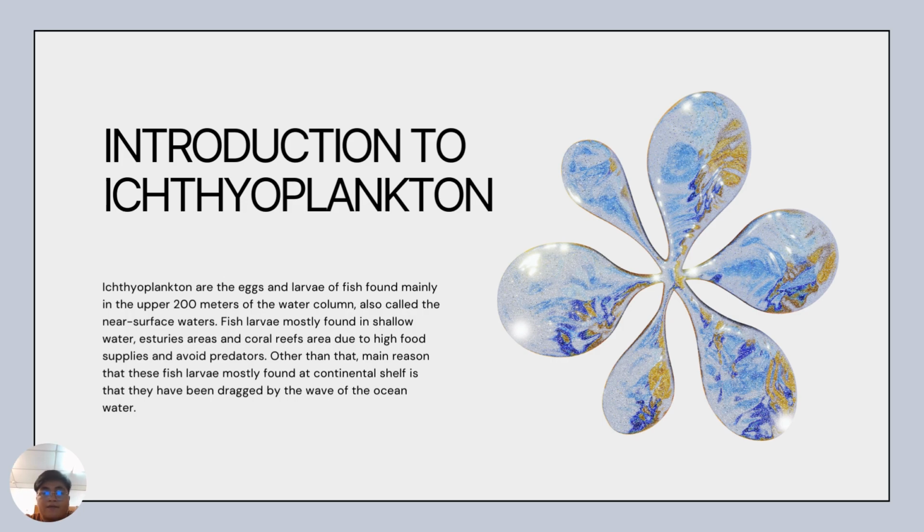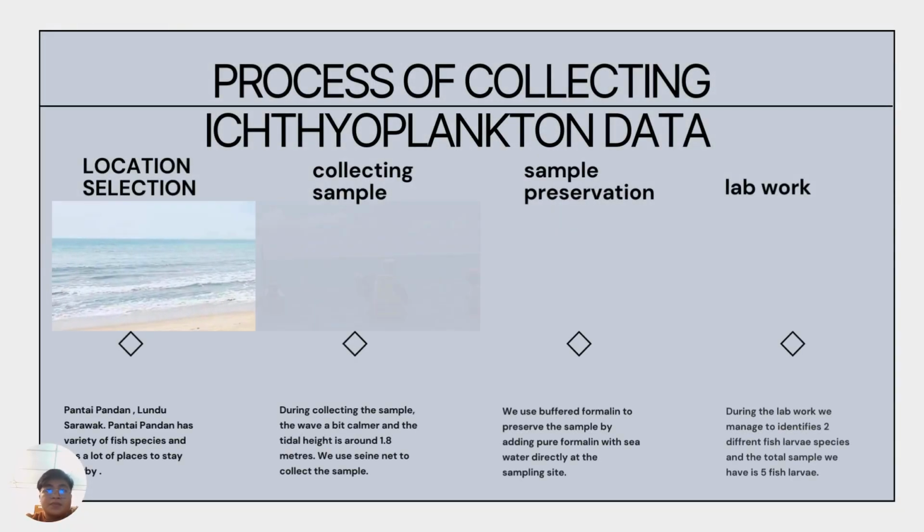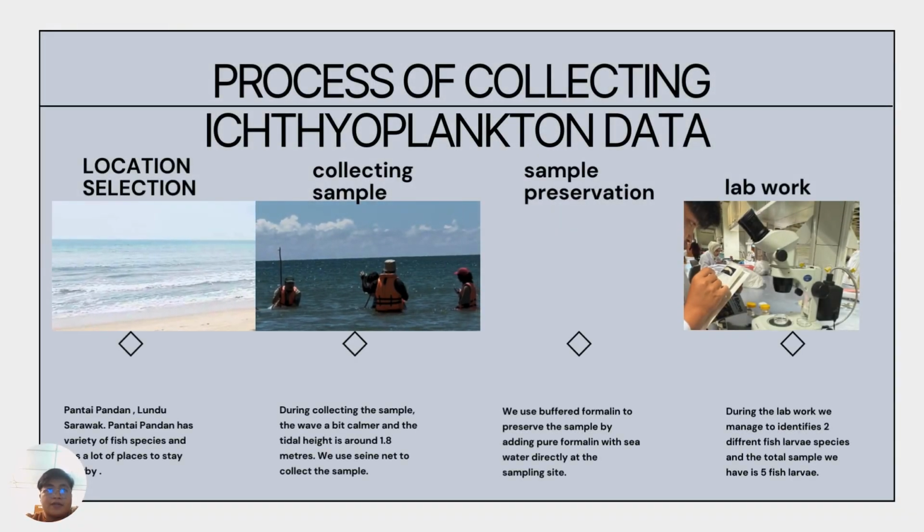Fish larvae are mostly found in shallow water estuaries and coral areas due to high food supplies and to avoid predators. Other than that, fish larvae are also found on the continental shelf because they are dragged by the waves of the ocean water.